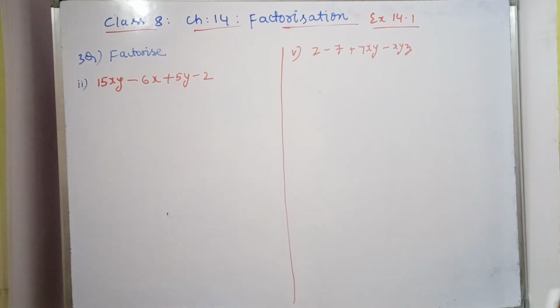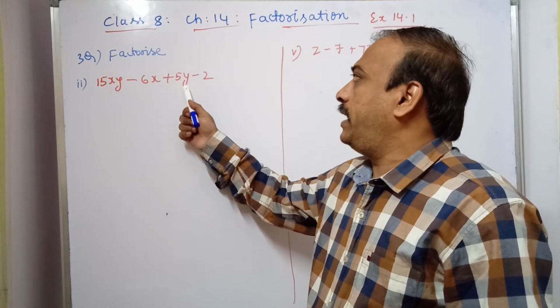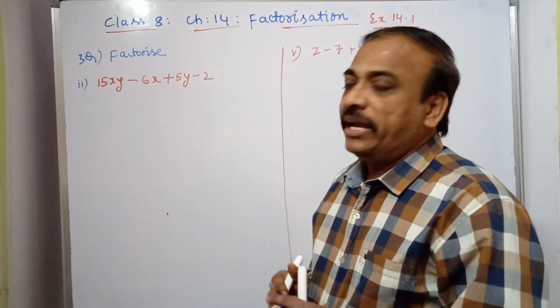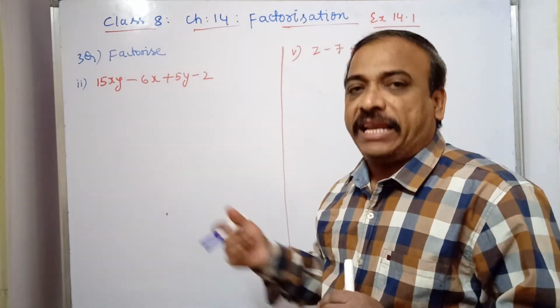Let us see. Factorize 15xy minus 6x plus 5y minus 2. In this, sometimes we need to regroup the terms, sometimes we can do it directly.